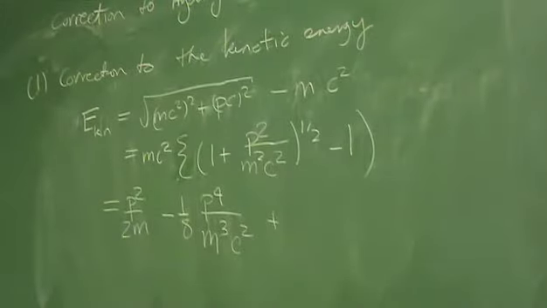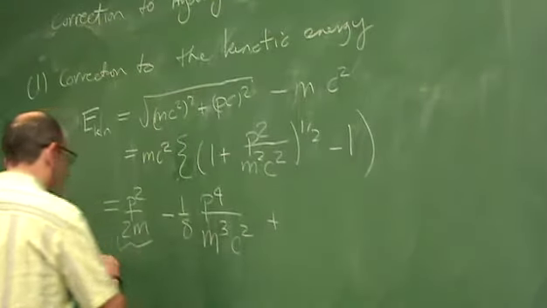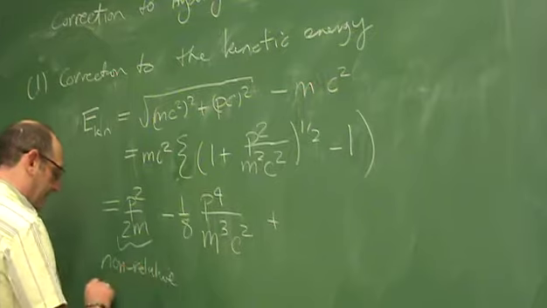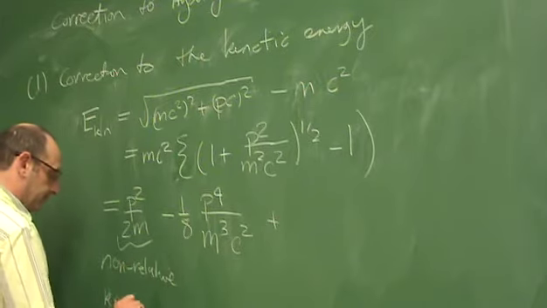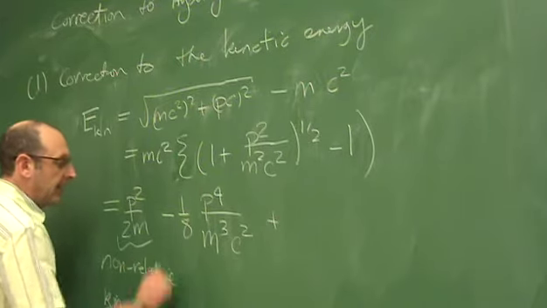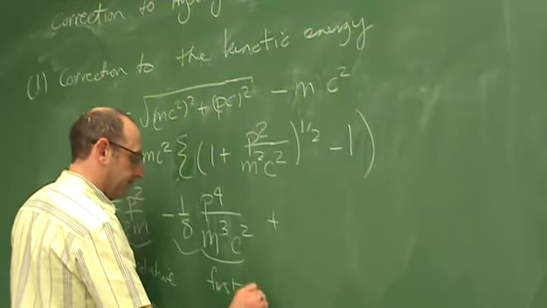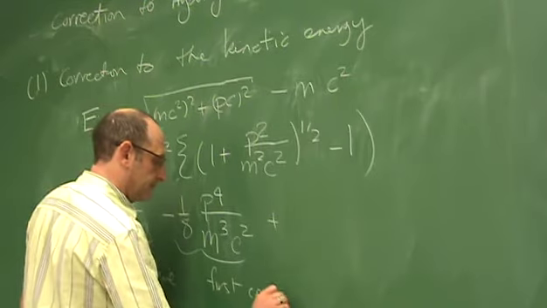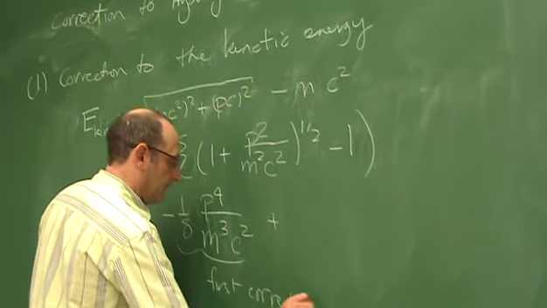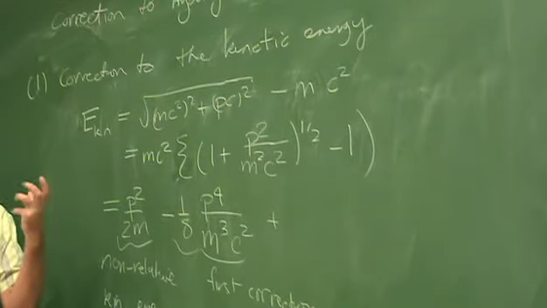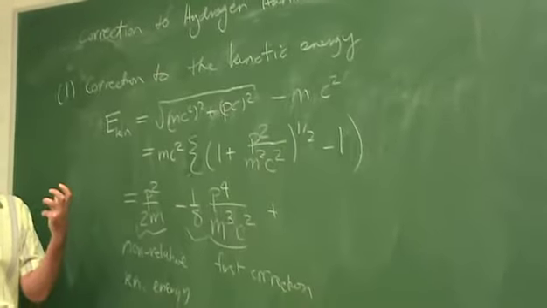So this is the non-relativistic kinetic energy. And this is the first correction. It depends on the speed of light.